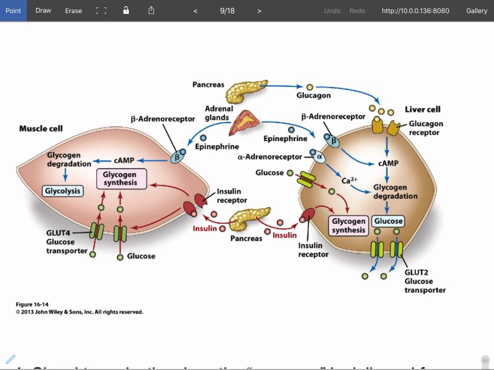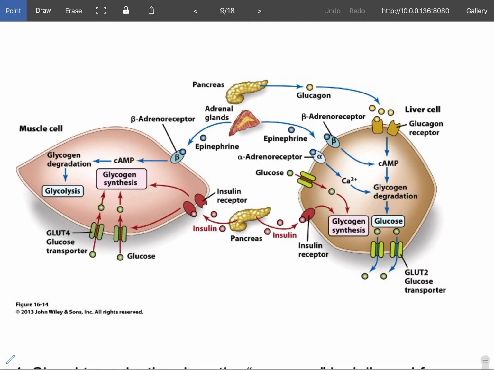It's going to turn on the synthesis of glycogen to store away that glucose in the form of glycogen. Some similar things happen in the liver. Insulin is a signifier to the liver to also synthesize glycogen, store that away by taking in glucose from the bloodstream. So insulin responds when blood glucose levels are high.